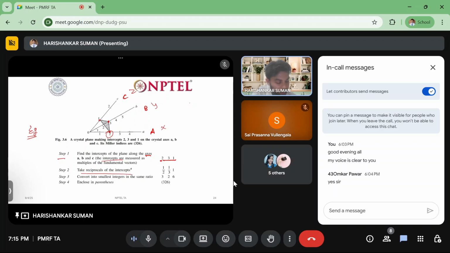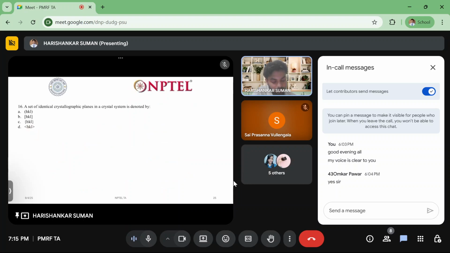Take the reciprocal of the intercepts. Second step, convert into the smallest integers, means multiply by 6 here. You will get the integers, and enclose in parentheses. You will get (326). Okay.